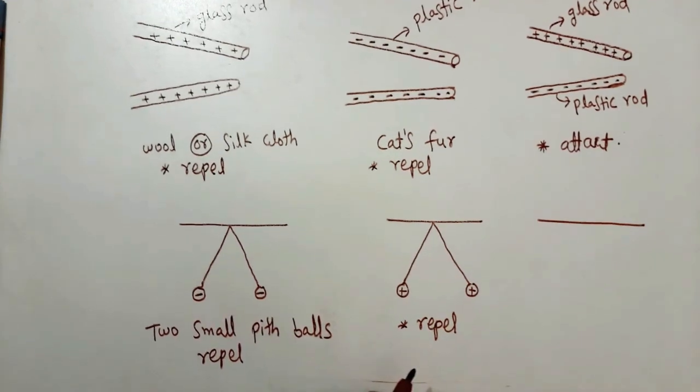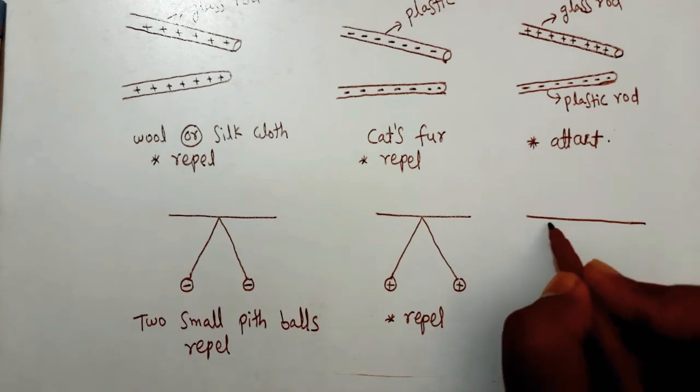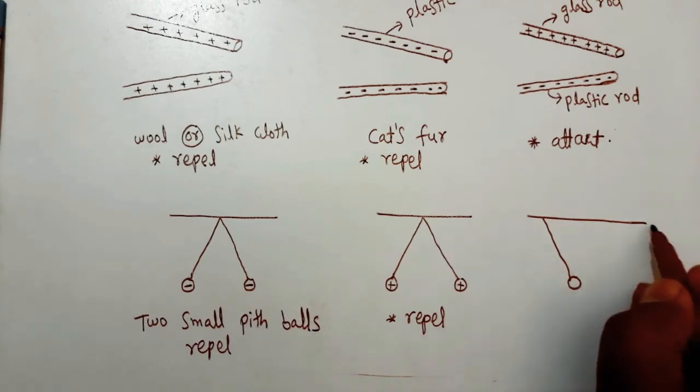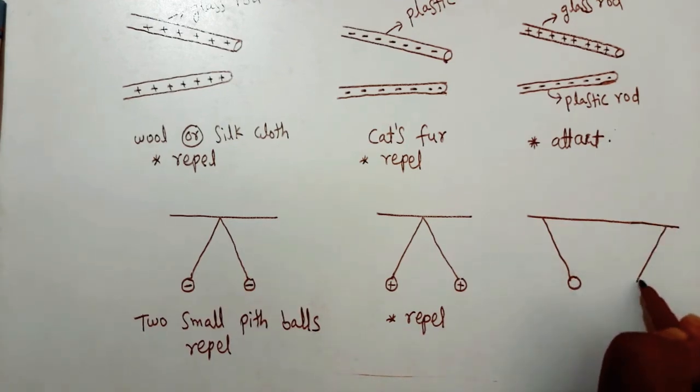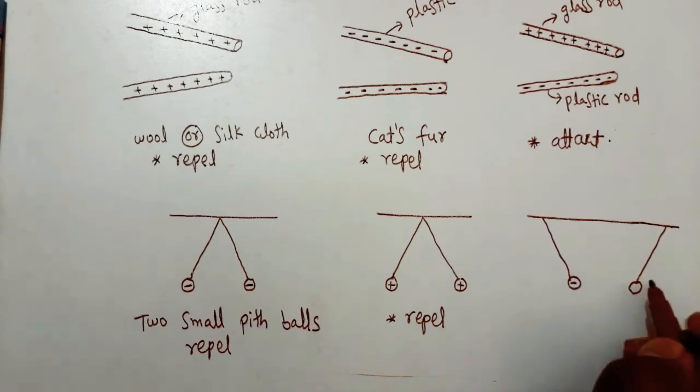And here I am taking two pith balls. If one pith ball is touched with a plastic rod and another pith ball is touched with a glass rod, the pith ball touched with the plastic rod gets negative charge, and the one touched with the glass rod gets positive charge.